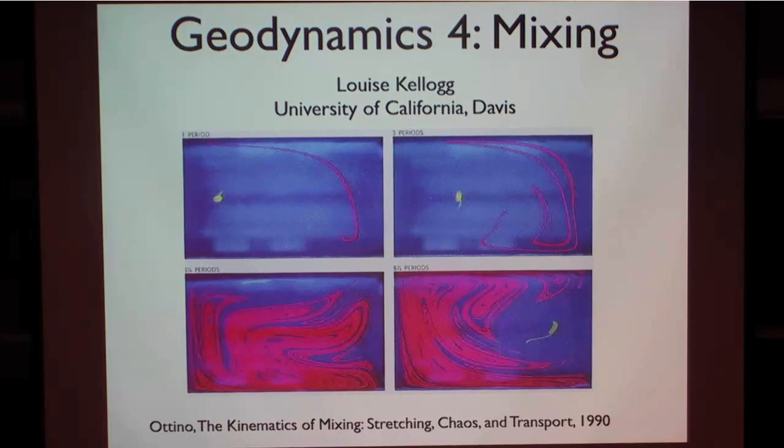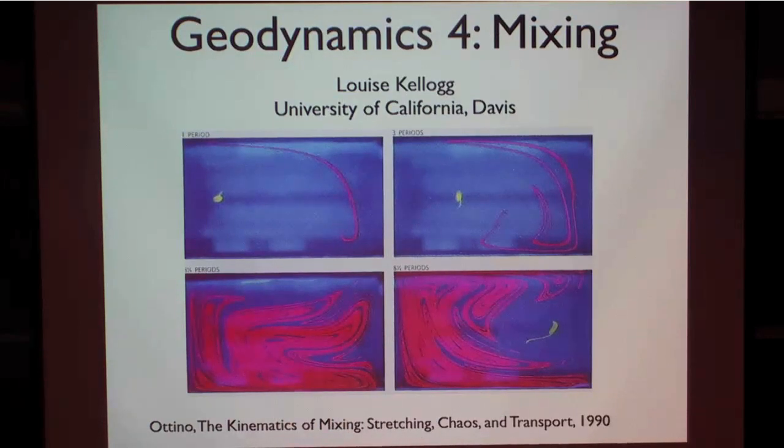This picture is from a classic book by Ottino, who is really one of the founders of this field of study on the kinematics of mixing. What you're looking at here is a conceptually simple model in which he has a tank of fluid that's bluish, and he's injected some dye, this green dye on this end and this red dye on this end.